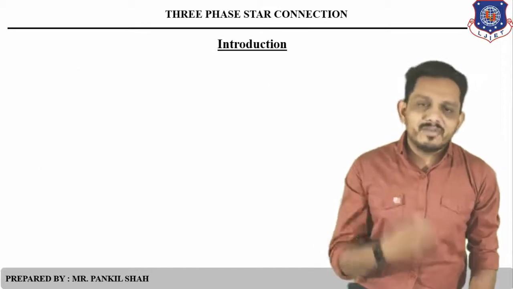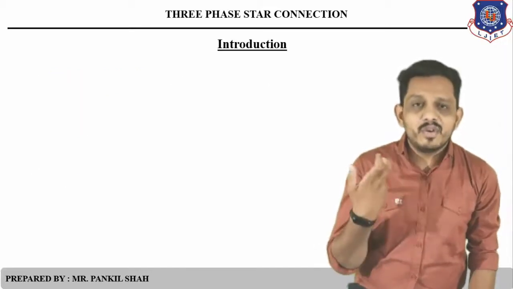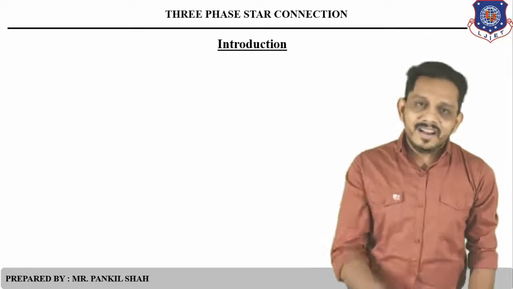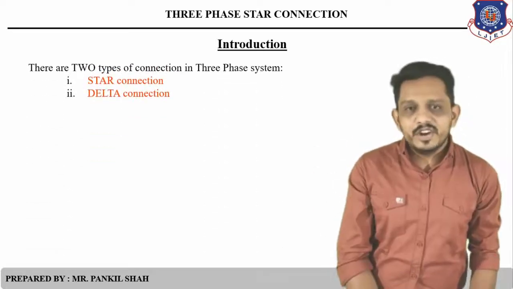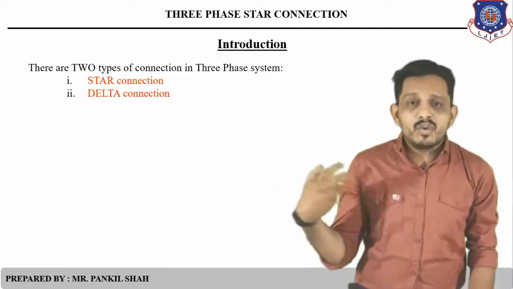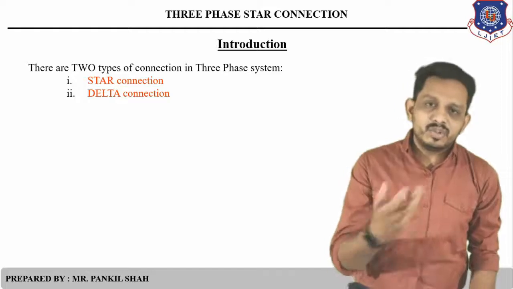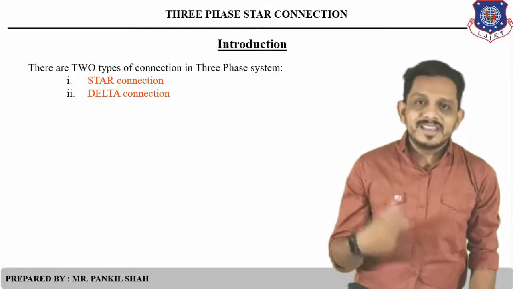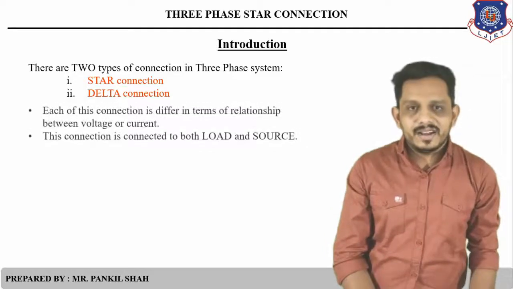These were the very important terms that we are going to use often in the star and delta connections. Now let's introduce the types of connection we can make to connect the three-phase system to the three-phase load. There are two important types of connection: the star connection and the delta connection.